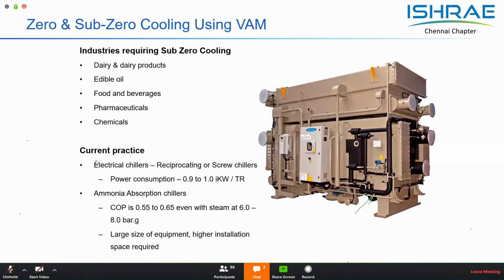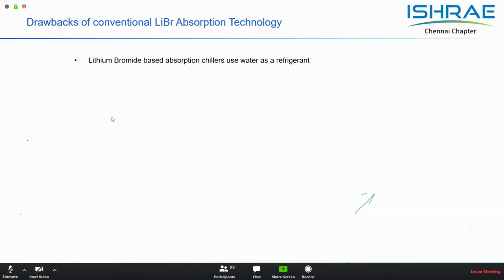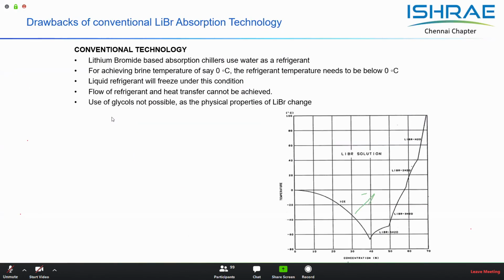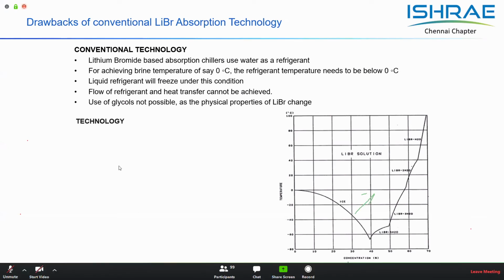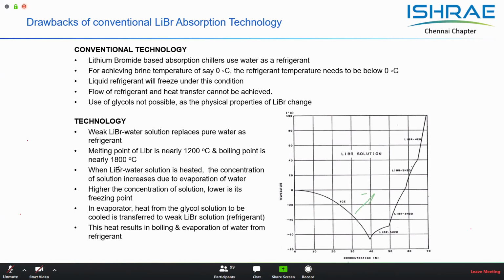This applies in industries like dairy, edible oil, food and beverages, pharma, chemicals, etc. And what it saves is a lot of power, because at lower temperatures the compressor power consumption keeps on increasing as the temperature keeps on reducing. So we can make use of absorption technology. We can make use of waste heat to generate the same cooling requirements.